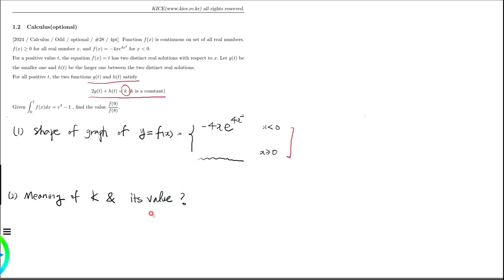Combining these two, the meaning of k and the value of k, will give us full information about this function when the domain is non-negative.